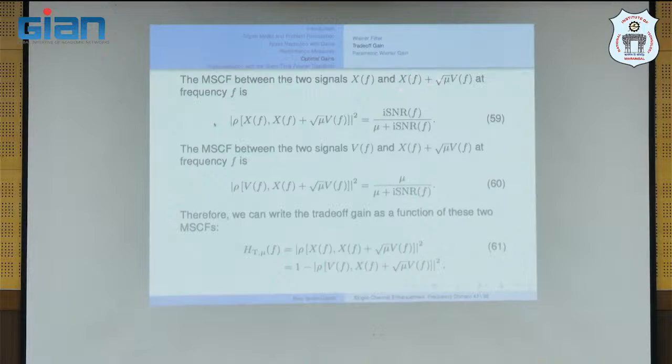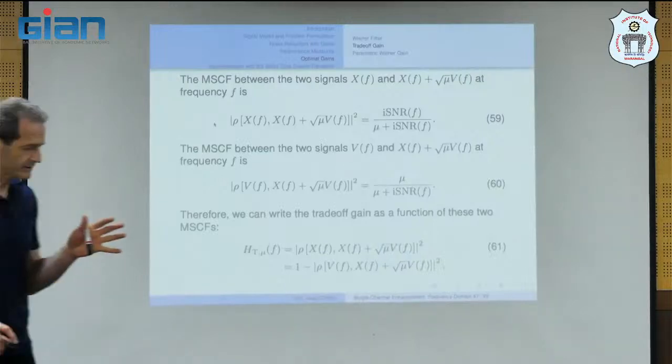We define x plus square root of mu v, and then we define the coherence between both of them. And then we can write the trade-off filter as the magnitude squared of this coherence function. And it makes sense, right?